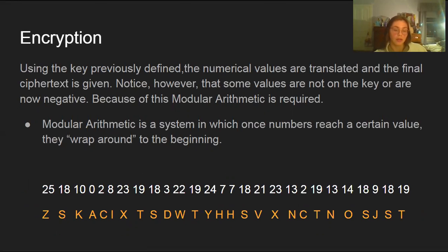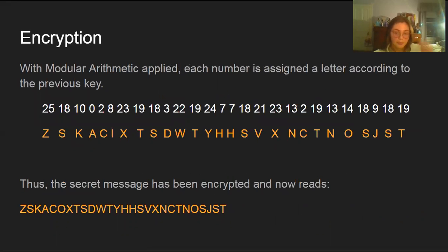And then I assigned each number to the key. So with that, it gave us this encrypted message that doesn't make any sense. If a third party were to intercept it, they wouldn't know what it meant unless they had the key and the decoding matrix.